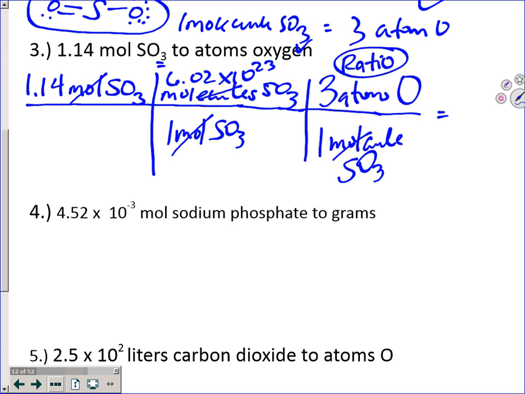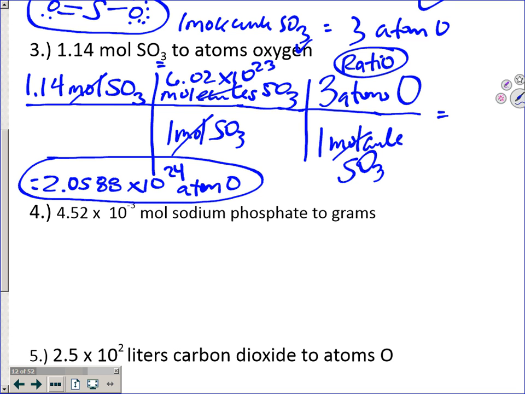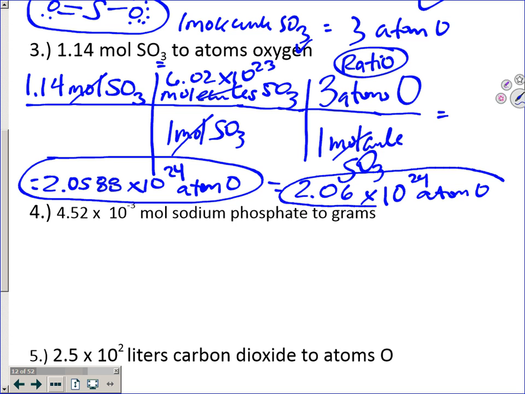Yeah. 2.058 times 10 to the 24th atoms of O. Oops, I don't need to keep circling this. This is not my final. How many sig figs do I need? 3 sig figs. So round this to 3 sig figs: 2.06 times 10 to the 24th atoms of O. That's the for real final answer.